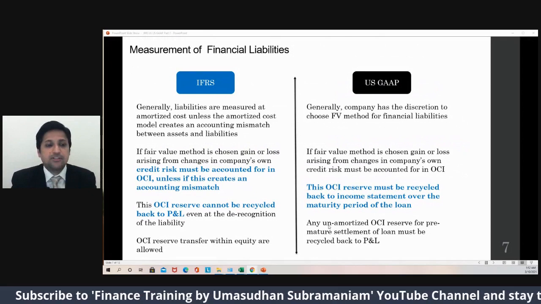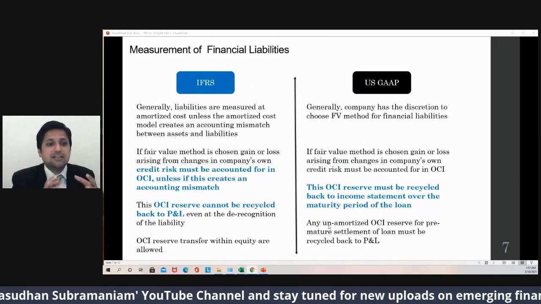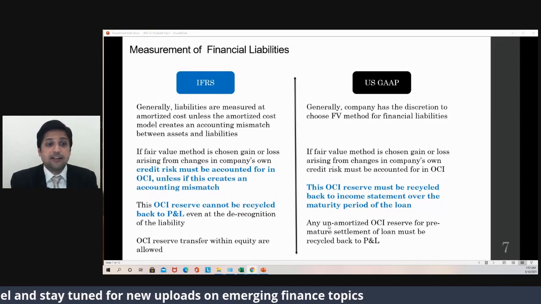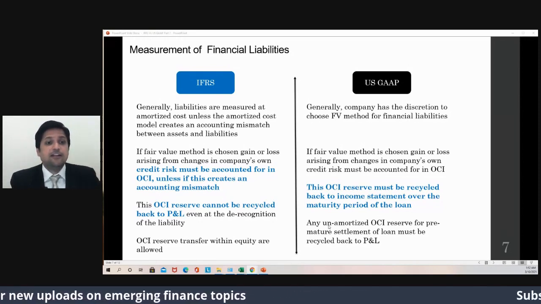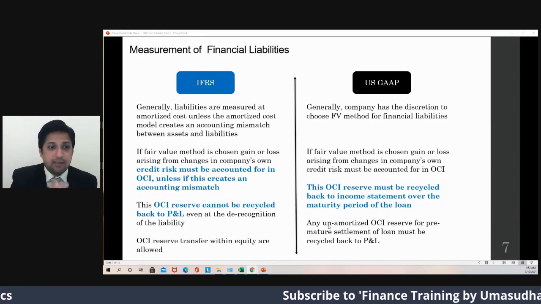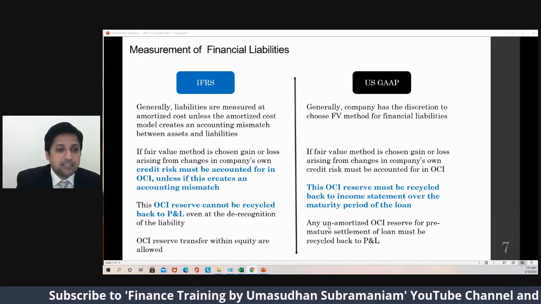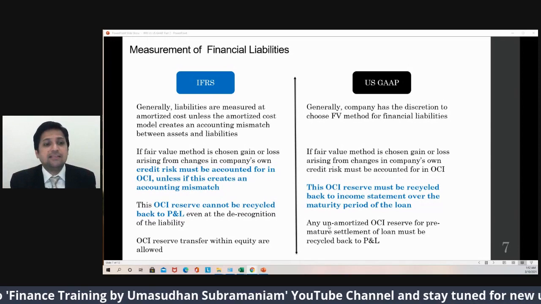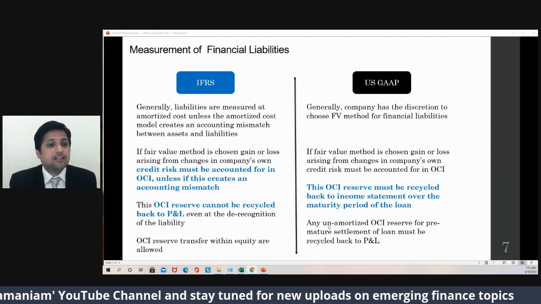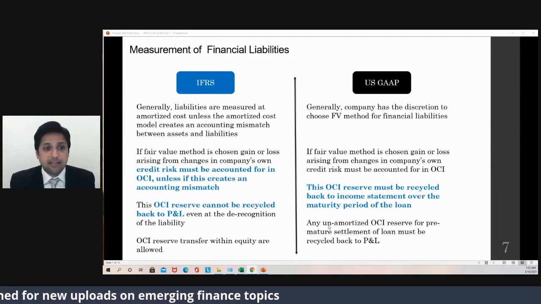Now, what happens to these OCI reserves created due to the credit risk changes arising from credit rating downgrades and the fair value changes in financial liabilities? In IFRS, remember, these OCI reserves relating to financial liabilities must not be recycled back to the income statement even when the financial liabilities are fully settled or de-recognized from the balance sheet.